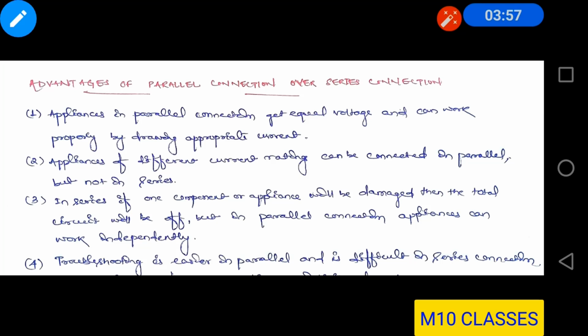Every individual appliance has different current ratings. That means they draw different amounts of current. So in parallel connection, all the appliances get appropriate voltage. That means the voltage remains the same. So they can draw appropriate current for them. So they work properly. It's quite simple.